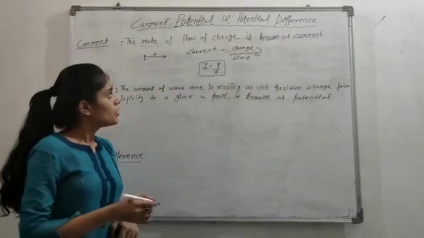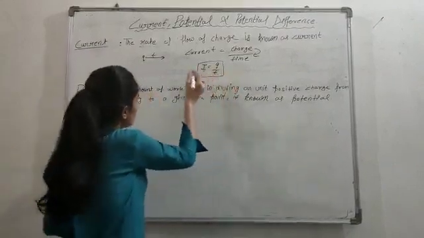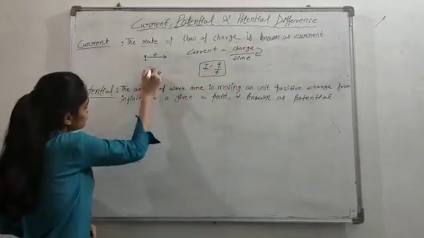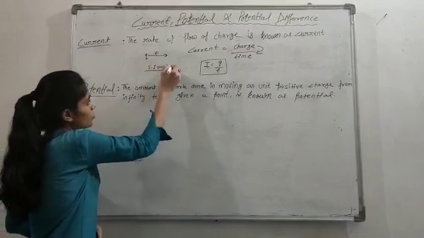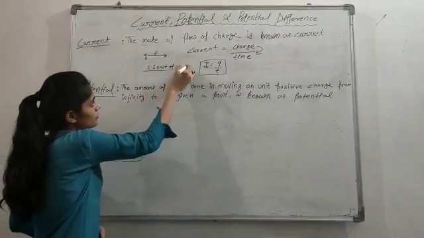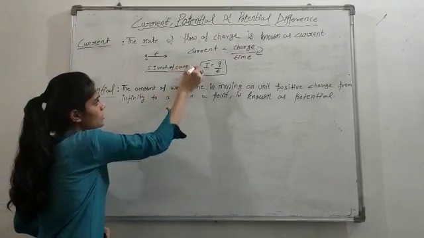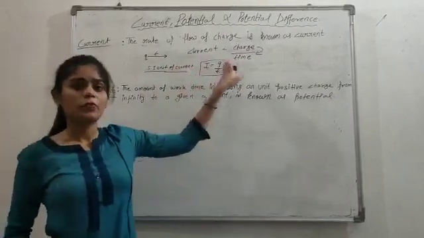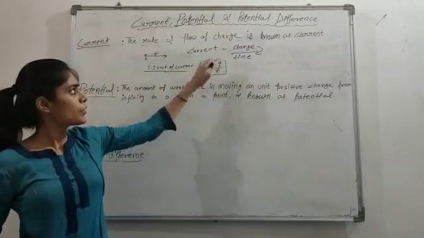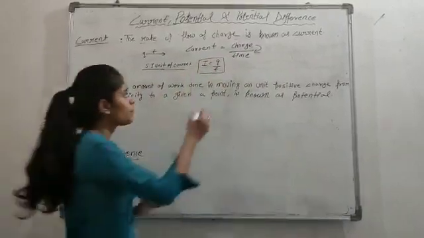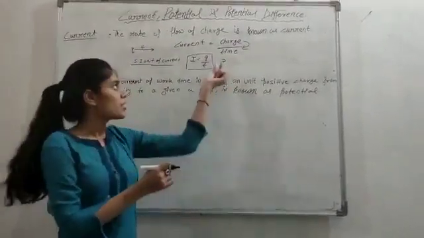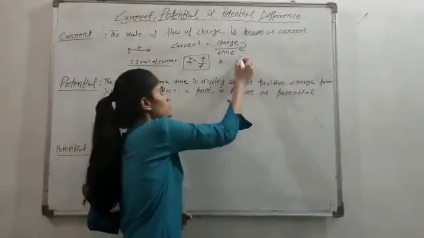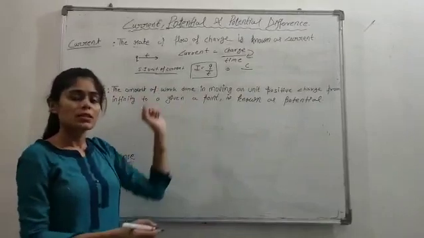We can also calculate the SI unit of current easily from this formula. I is equal to Q upon time, so the SI unit of charge is coulomb and the SI unit of time is second.